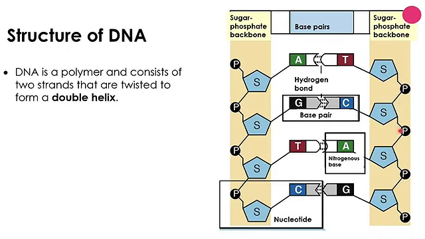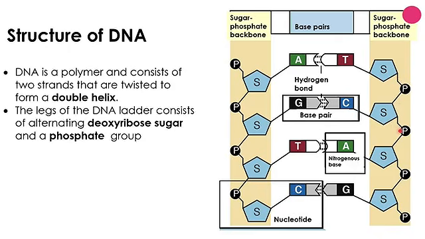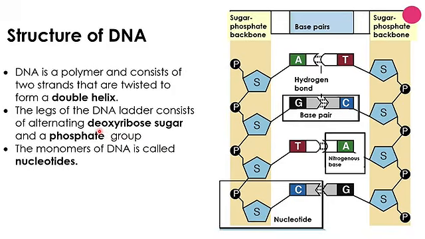So this makes up our backbone, as I mentioned, and it's quite important that you know that the sugar in DNA is referred to as deoxyribose. That is quite different to the sugar found in RNA, which we'll get to in a little bit, but the sugar in DNA is called deoxyribose.